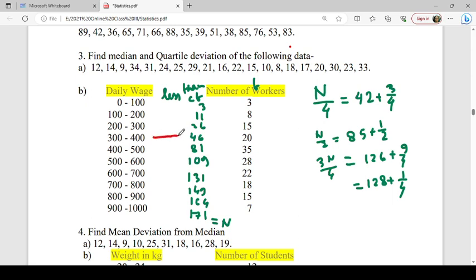For the median, 85 plus lies here, so it is C. And for 3n by 4, it is 128. 128 is lying here, so this is C3.